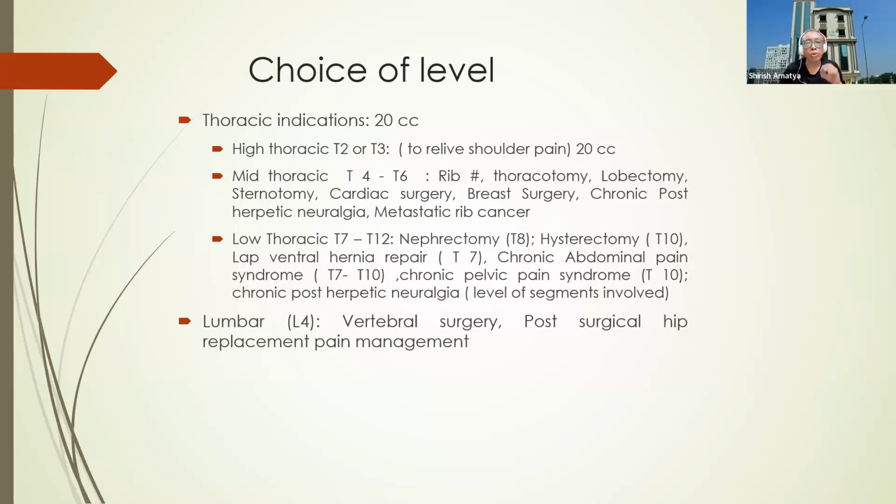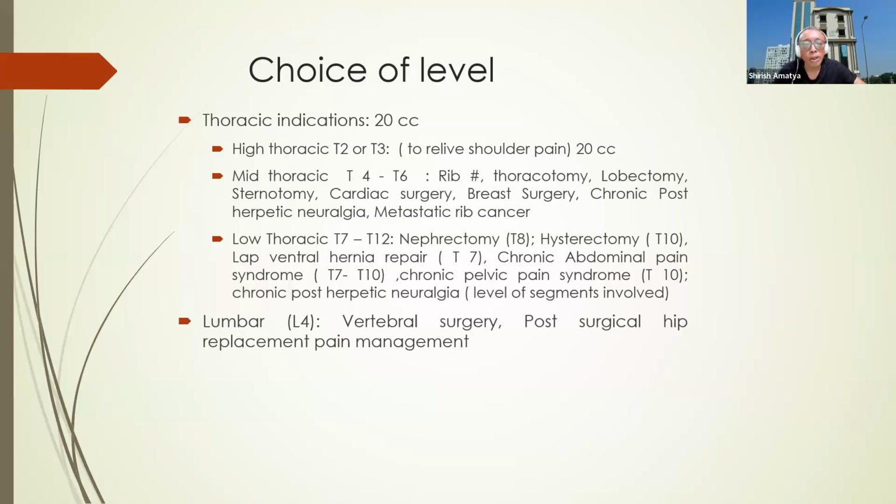Similarly, we can also block at the lower thoracic level between T7 and T12, and the various indications have been listed in this slide, such as nephrectomy, hysterectomy for pain management, and laparoscopic ventral hernia repair. In case of chronic abdominal pain syndrome, we can also use this block.